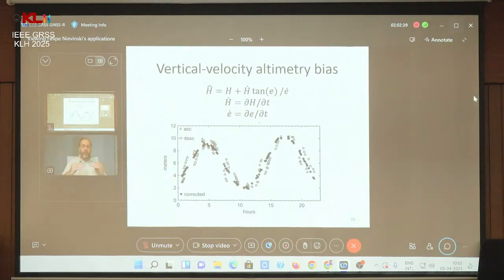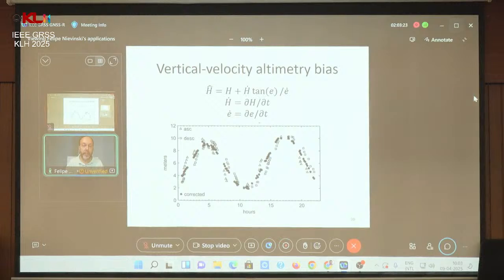So even for the same surface, let's say you have the tide rising, but you have an ascending satellite with a positive E dot, and another satellite descending or setting on the horizon with a negative E dot, then you get altimetry biases of opposite sign, because it is a formula that depends on the two rates, the height rate, H dot, and the elevation angle rate, E dot. Fortunately, that's a very deterministic effect.